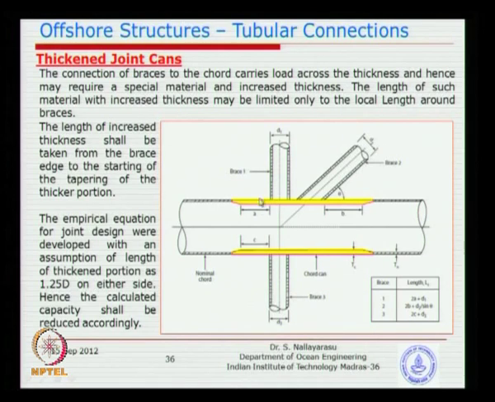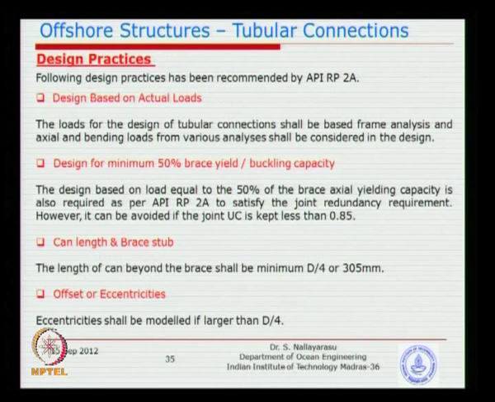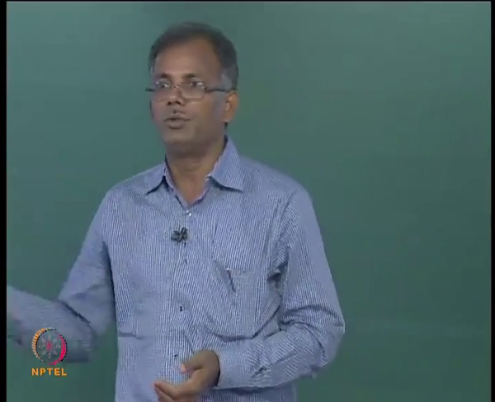So how much to extend is determined by the minimum requirement, and normally we go for D by 4, as I see from the previous requirements of the code, either the diameter by 4 or 305 mm, whichever is bigger. Smaller is not correct. So if D by 4 comes as 500, you have to use 500, not 305, but if D by 4 comes less than 305, then you must use 305.